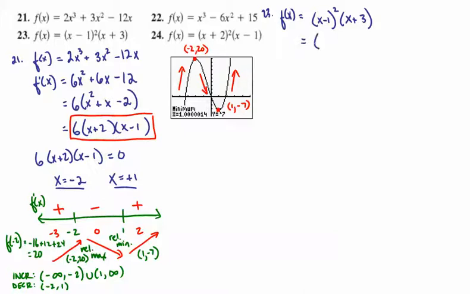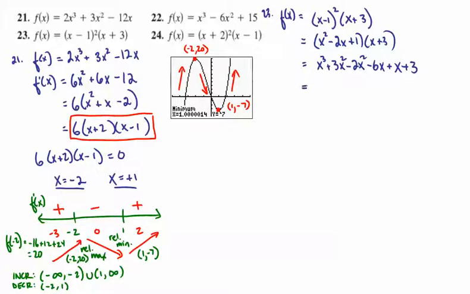So (x minus 1) squared, we should note that that is x squared minus 2x plus 1 times (x plus 3), and now we multiply everything on the left times everything on the right, so it's x cubed plus 3x squared, then minus 2x squared, and minus 6x, then plus x, and plus 3.